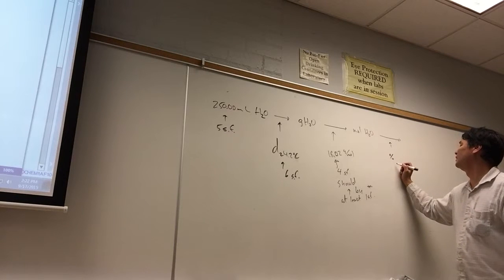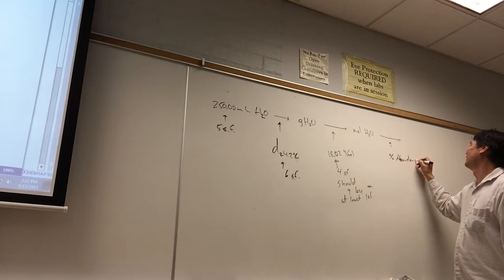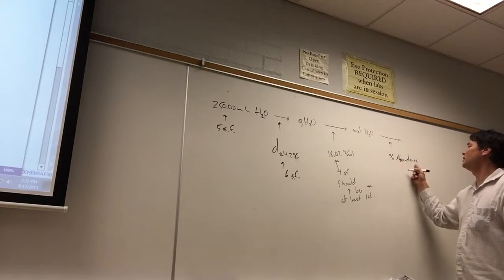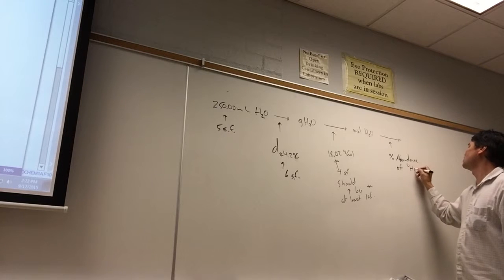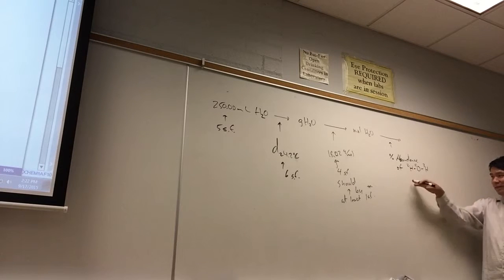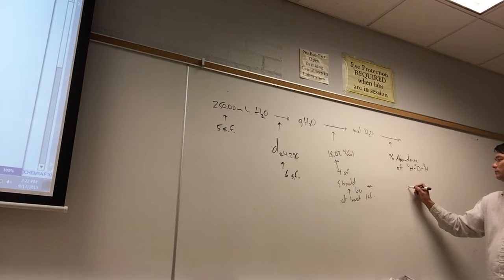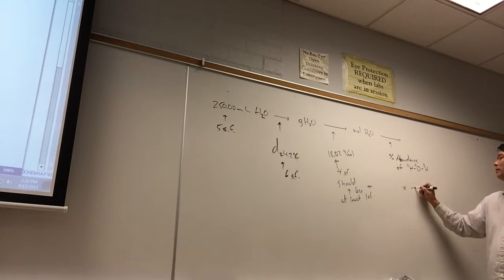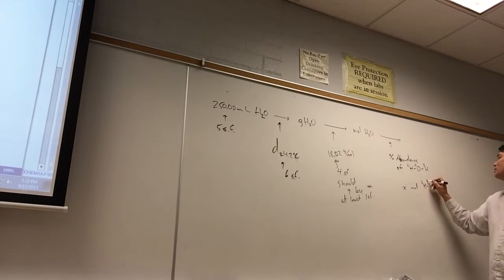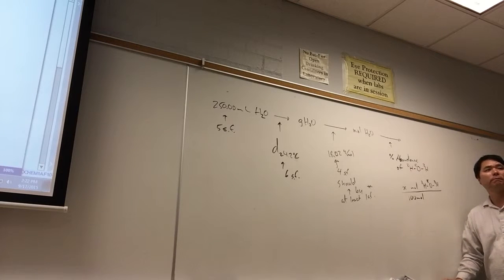And so once we go to moles of water, then we use the percent abundance of H2O16H2. I was going to write the number here, but since nobody calculated it, it's going to look like this. It's going to be X moles of H2O16H2 for every 100 moles of what?